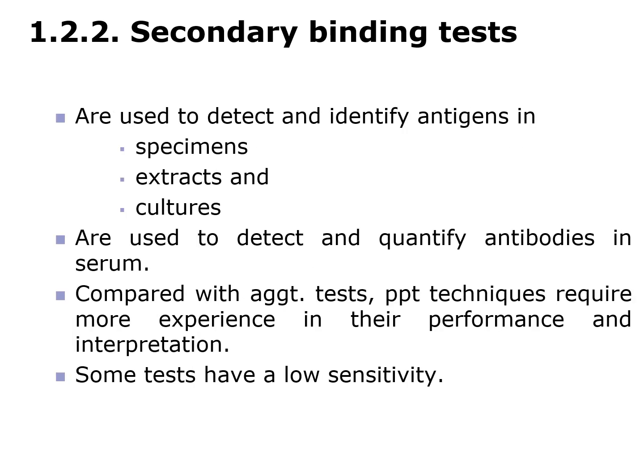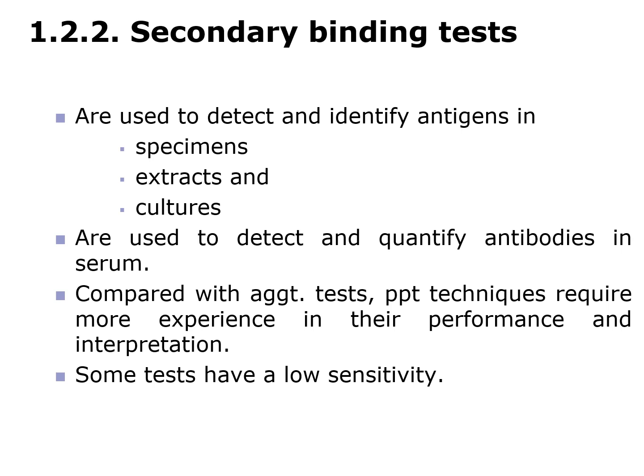They are used to detect and identify antigens in the specimen, extracts, and cultures. It's also used to detect and quantify antibodies in serum. So it's not just for qualitative testing, but also for quantitative testing by doing serial dilution.